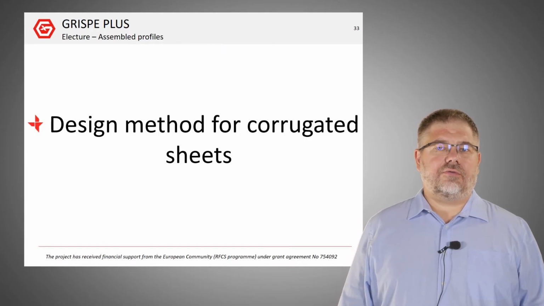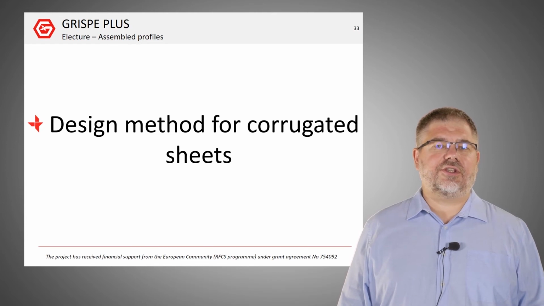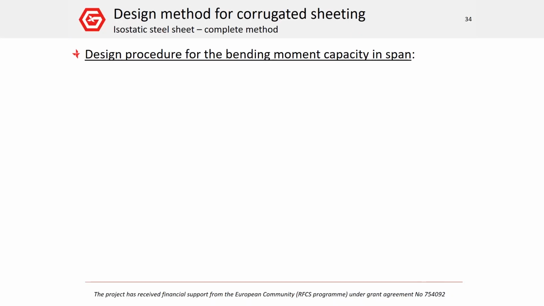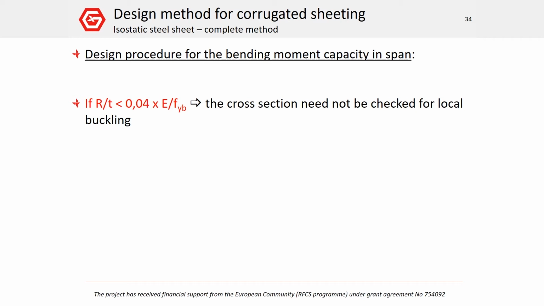We arrive now at the presentation of the design method of the corrugated steel sheet. To determine the bending moment resistance in span of corrugated steel sheet, we can apply two methods. The detailed method consists, in a first step, in calculating the r/t ratio, the ratio between the curvature radius and the thickness.